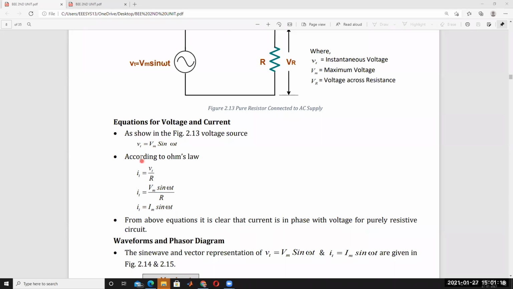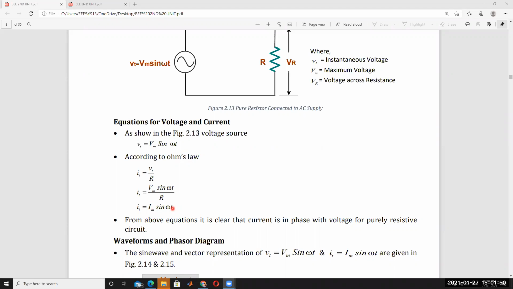There is no phase difference, so v of t and i of t are both in phase. For a purely resistive circuit, voltage and current are in phase.